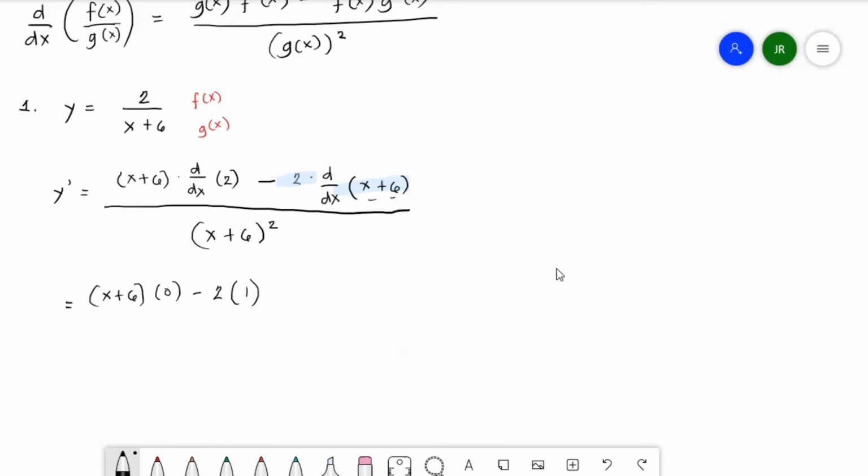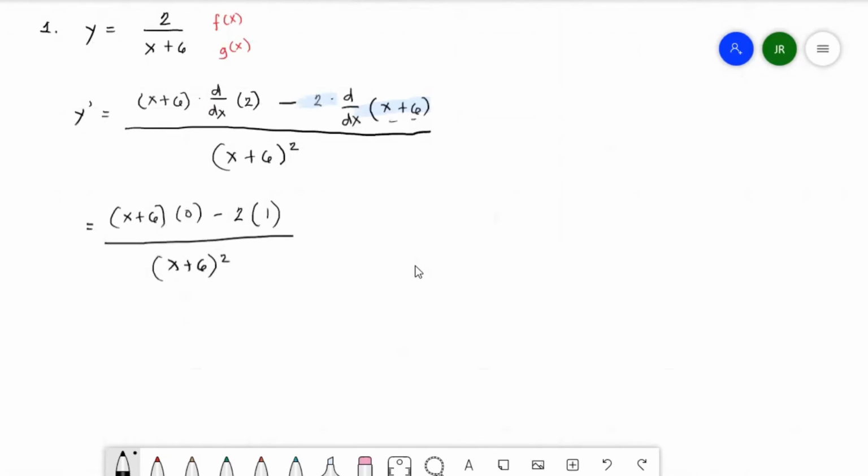So 1 plus 0 ay 1 lang din naman. Then over the denominator, x plus 6 raised to 2. Okay? So simplify. So this is x plus 6 multiplied by 0, that is equal to 0, minus 2 multiplied by 1 is 2.